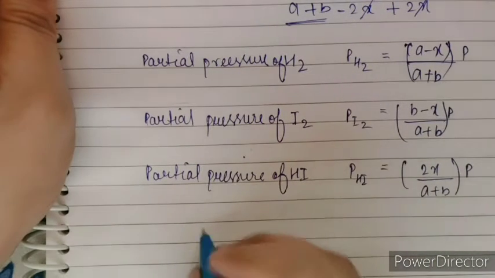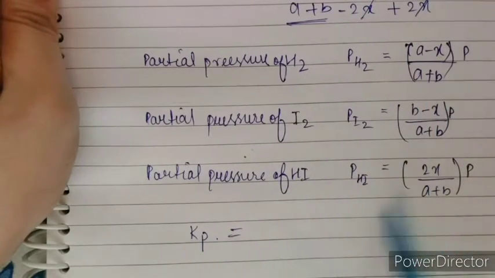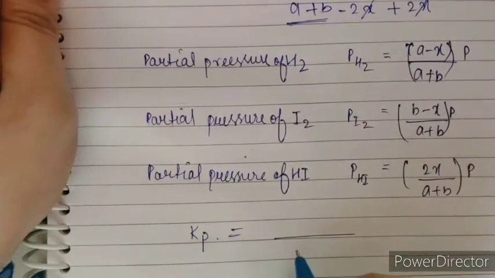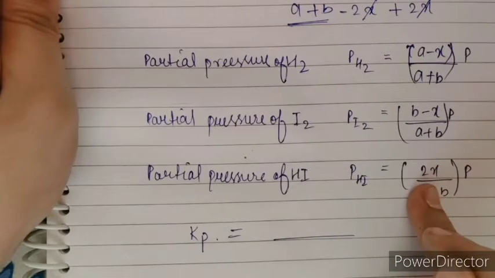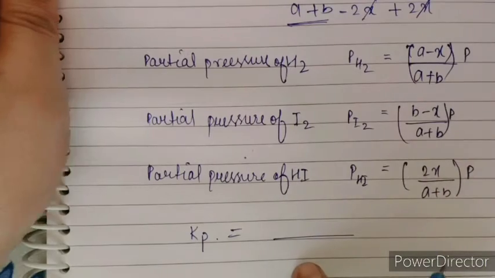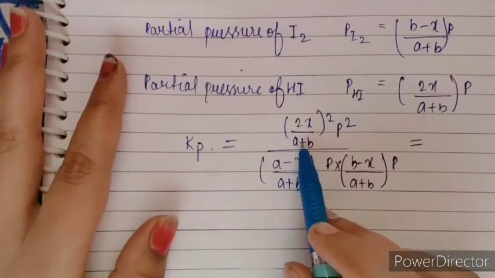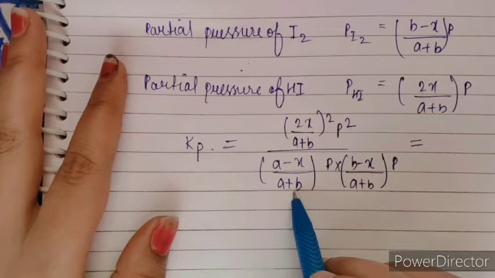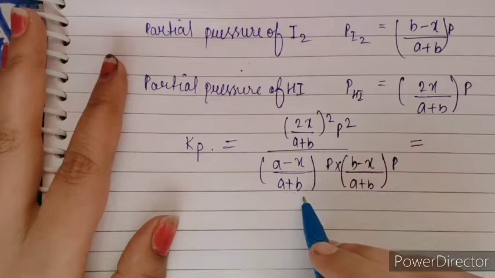Now for Kp we know that it is the ratio of products to reactants. So we will put all the given data in this formula. It will be the square of the product's partial pressure divided by the multiplication of the reactants' partial pressures.